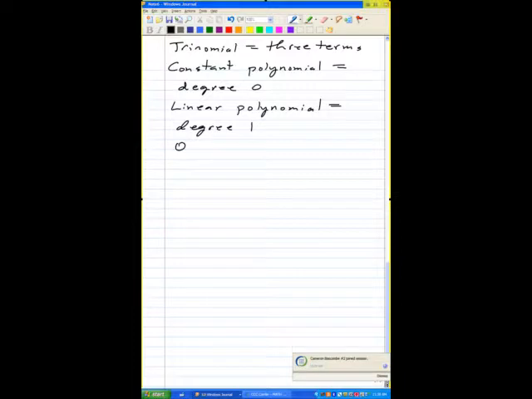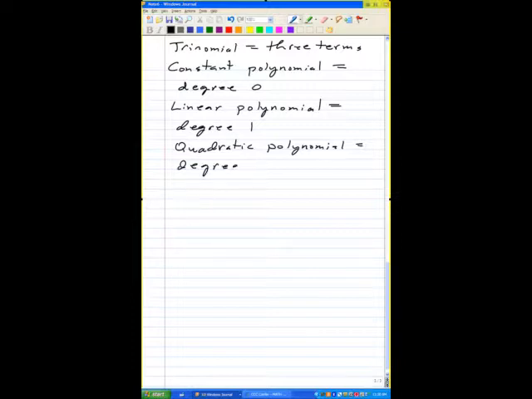A quadratic polynomial is one that has degree 2. A cubic polynomial is one that has degree 3.